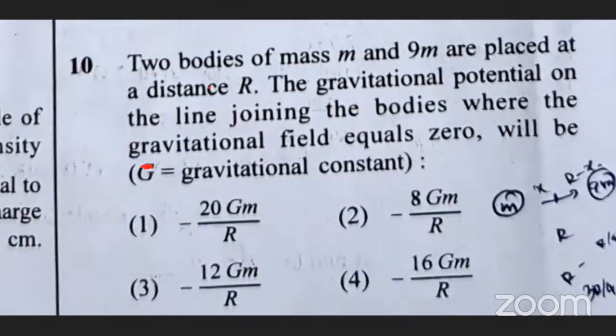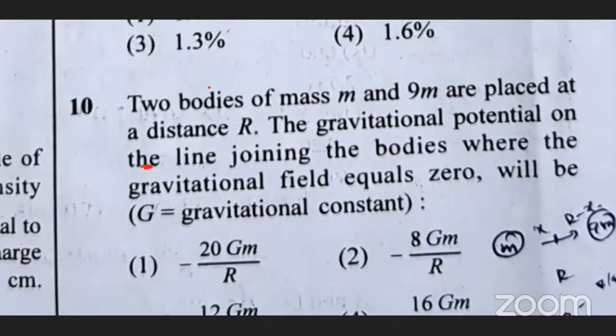Then in the next question, there are two bodies, mass m and 9m, placed at a distance of r. Find the gravitational potential on the line joining the bodies, where the gravitational field equals 0. So this is the question.